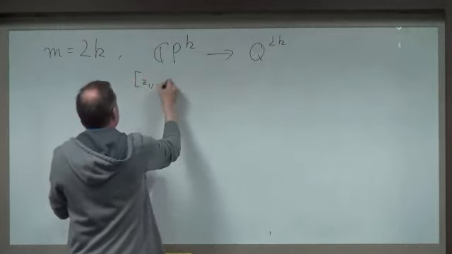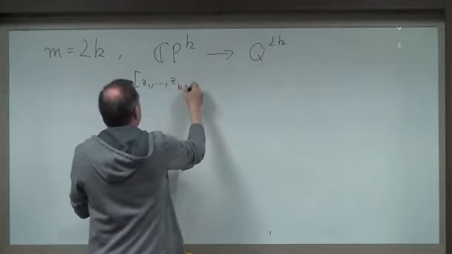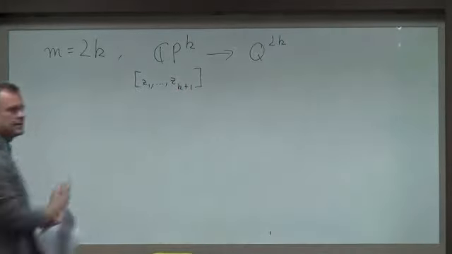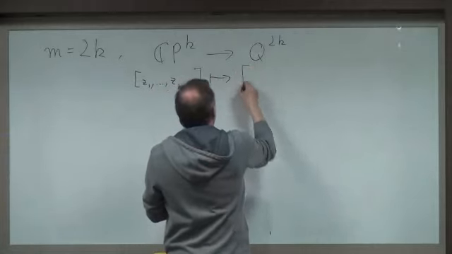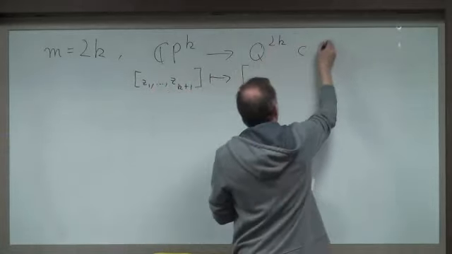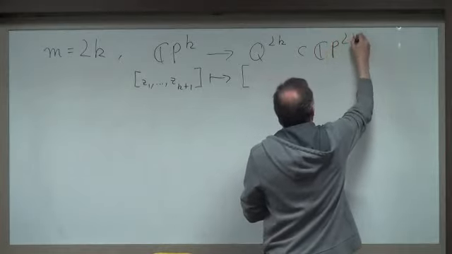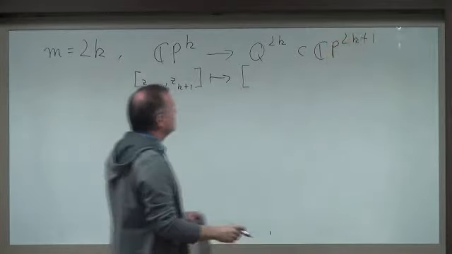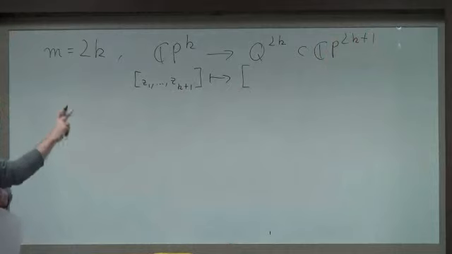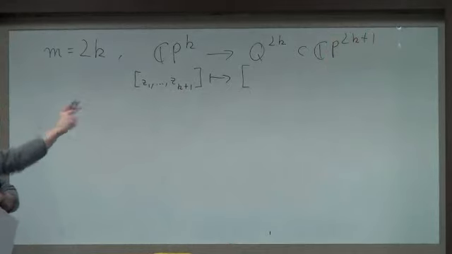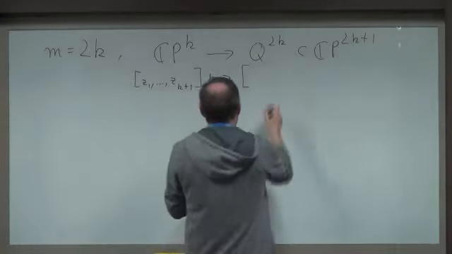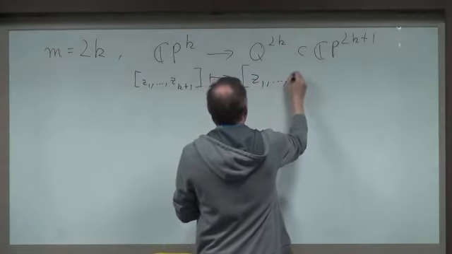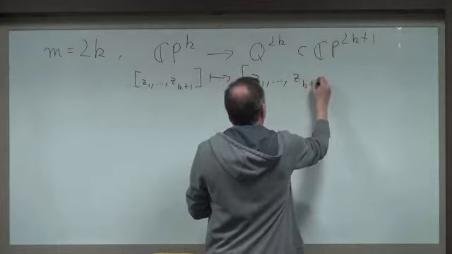We map z1 up to zk plus 1, homogeneous coordinates on CPk. Now I want to put this into the quadric. Remember, this quadric lives inside CP2k plus 1, so we need 2k plus 2 coordinates now for the vector that I write down. Yeah? And what I do here is z1, I keep this vector.